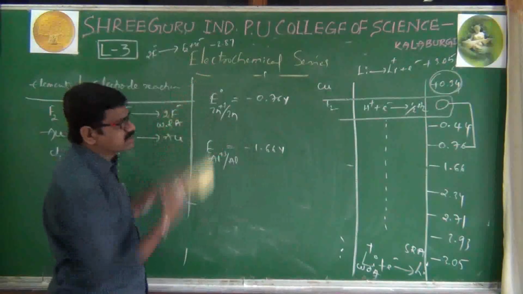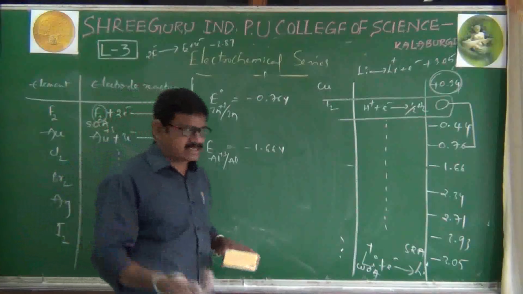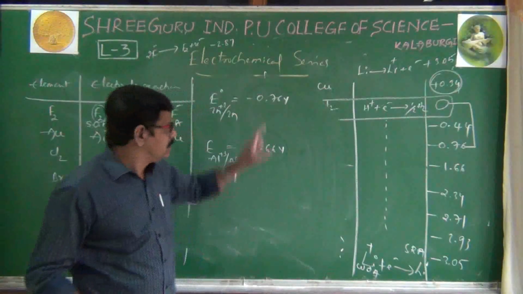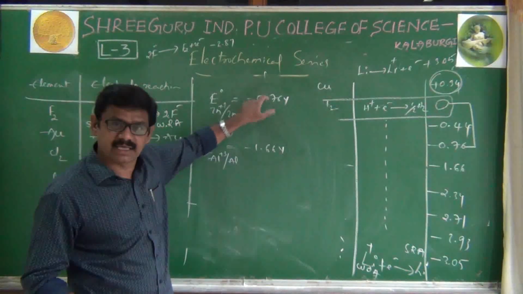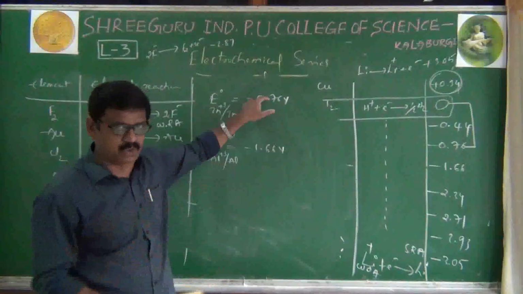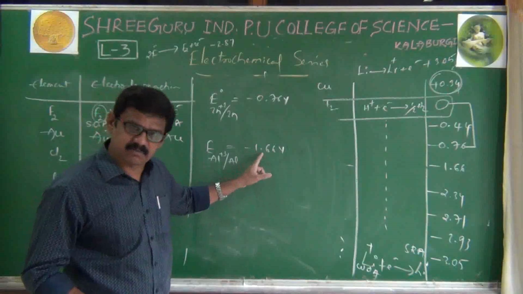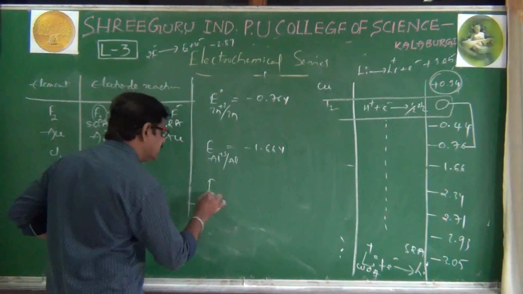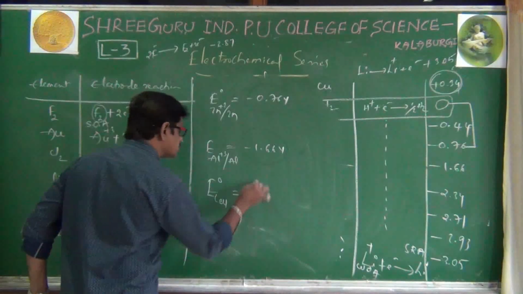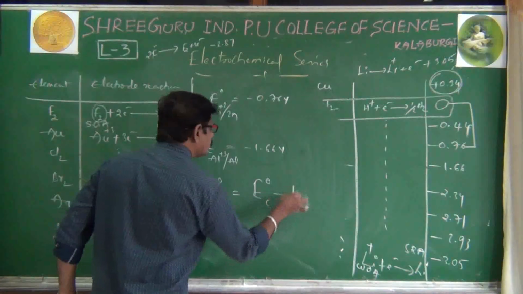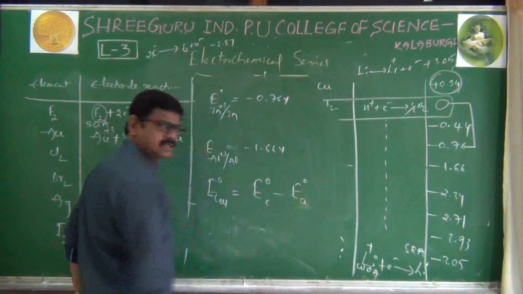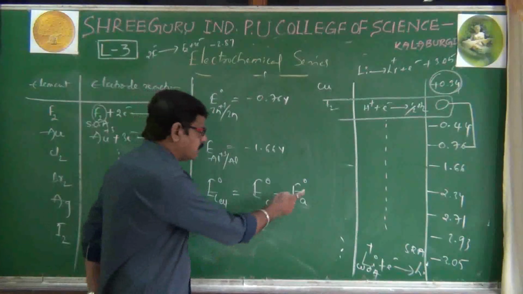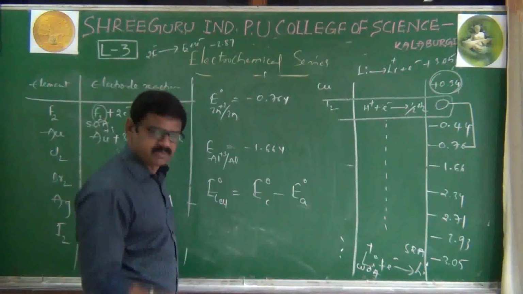When both are connected to each other, which acts as cathode and which as anode, blindly you have to remember: the more SRP electrode will act as cathode, the less SRP electrode will act as anode. That's why E0 cell is equal to E0 cathode minus E0 anode. Cathode is nothing but the higher SRP electrode. Anode is nothing but the lower SRP electrode.